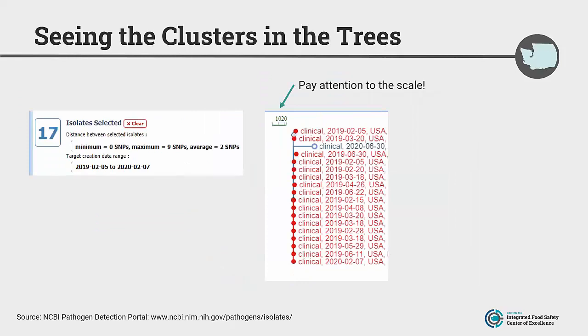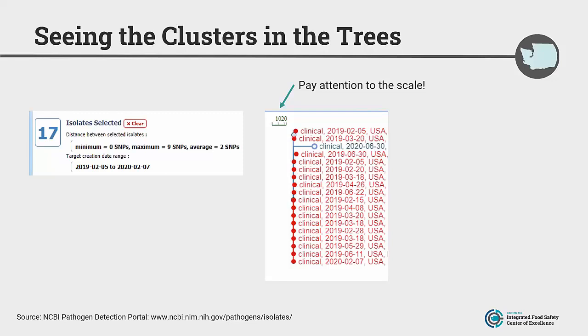It's important when you're looking at a tree or a clade to pay attention to the scale. So you can see this was another outbreak, all the isolates in red. Most of them were 2019 isolates and then one early 2020 isolate. If you look at the tree there, you might think, well, maybe this new unhighlighted isolate is related. Maybe this outbreak's ongoing.